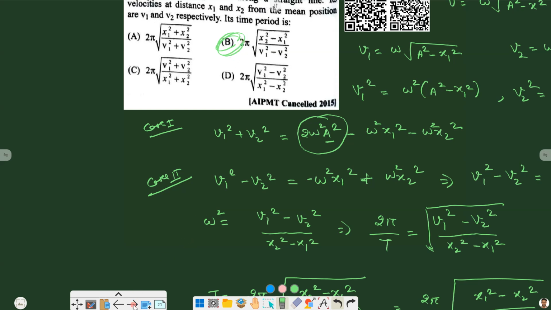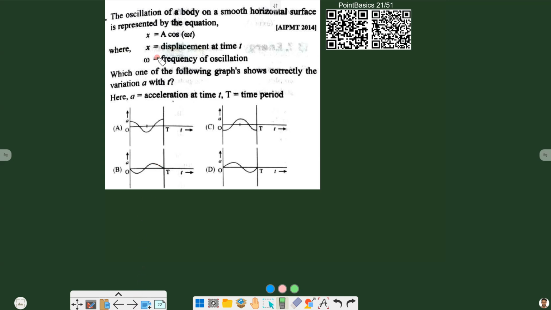Moving to the next question. The oscillation of a body on a smooth horizontal surface is represented by the equation x equals a cos omega t. x is displacement, omega is the frequency of oscillation. Which of the following graphs represents the correct variation?